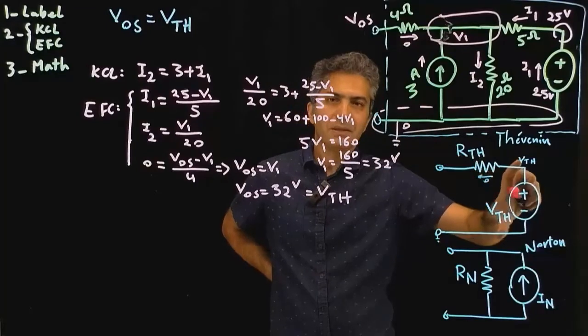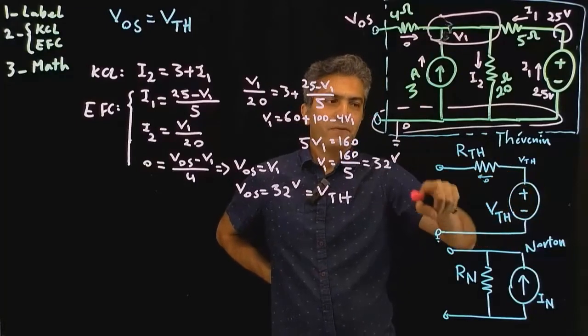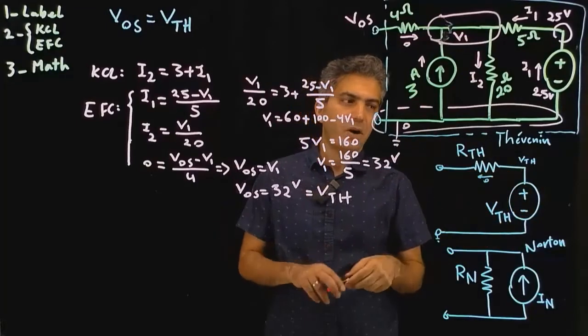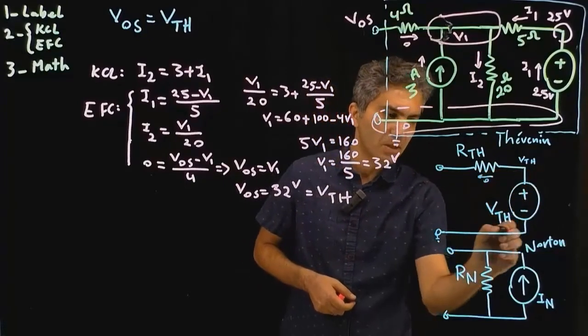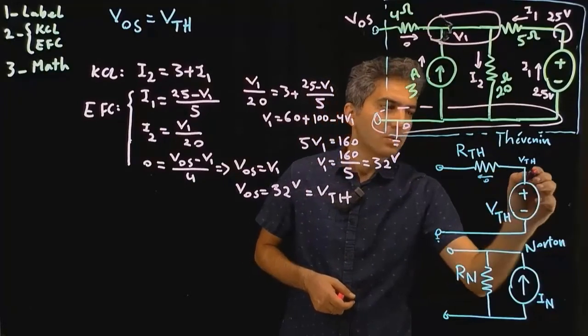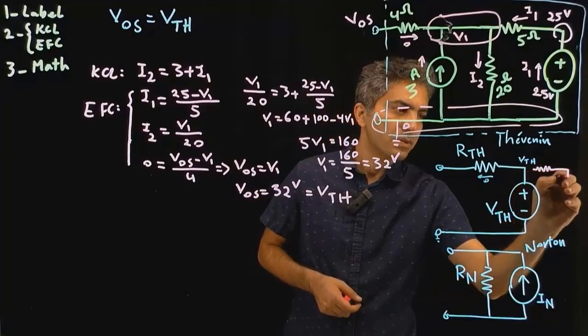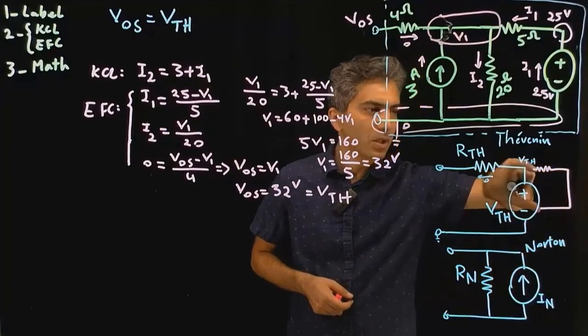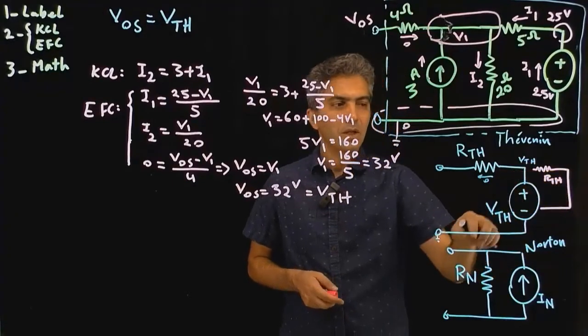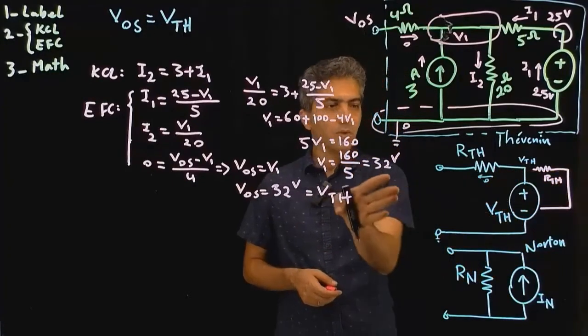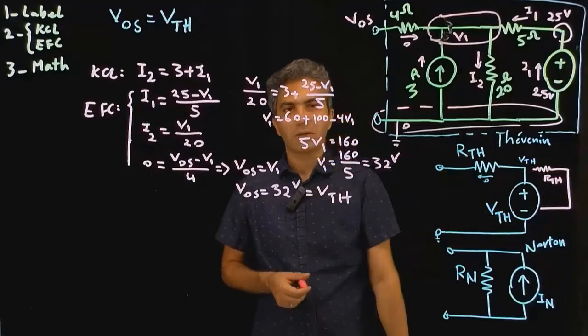So if I do that and look back into these two terminals and try to calculate the equivalent resistance that I see from that box, it's kind of obvious that the circuit that I will be dealing with is this resistance and then a short circuit, right? So it's resistance, nothing, and then comes back. So looking back, I'm just going to see our Thevenin resistance as a result.